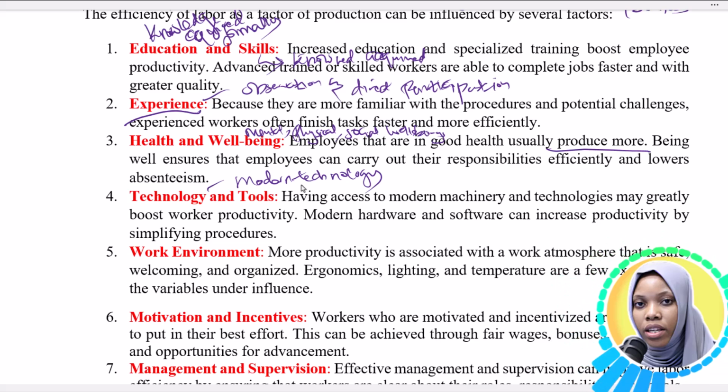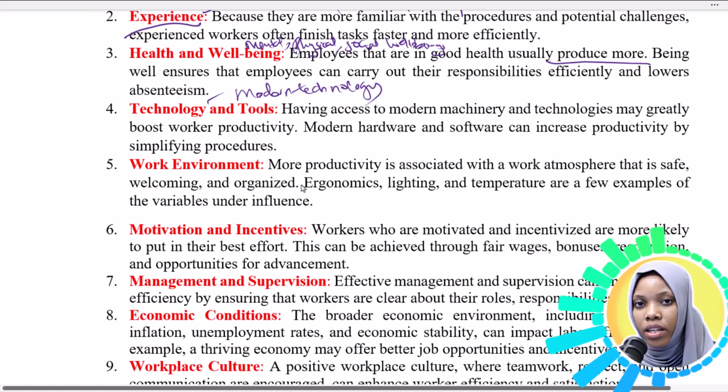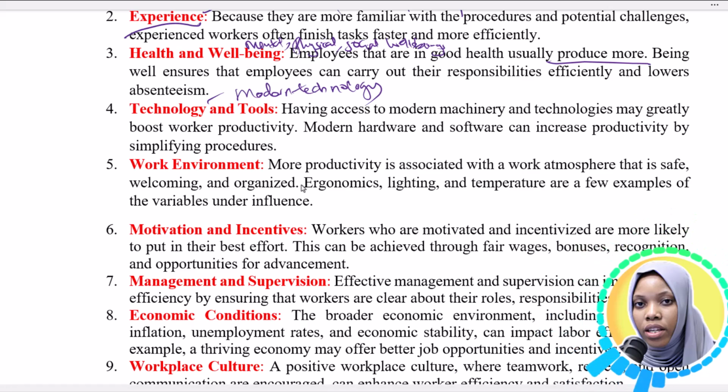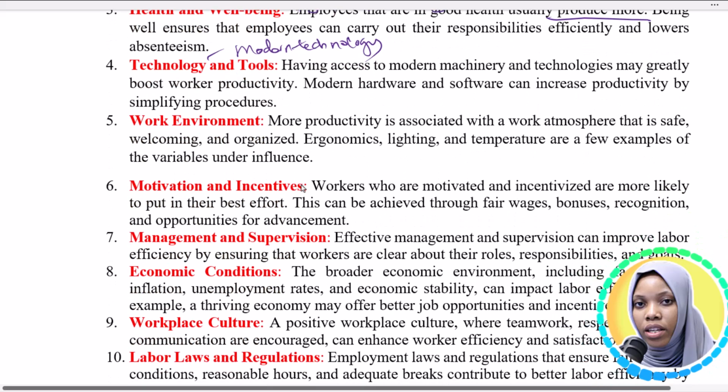So productivity is better with modern technology. And then the work environment is another factor, and let me read it through. More productivity is associated with the work atmosphere that is safe, welcoming, and organized. So if the work environment is safe and welcoming, then you're likely to produce more.